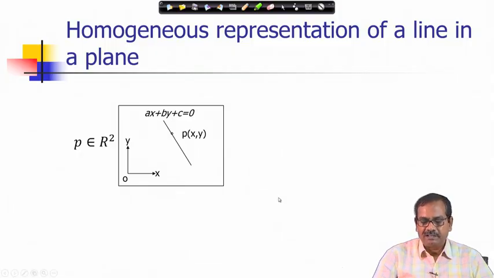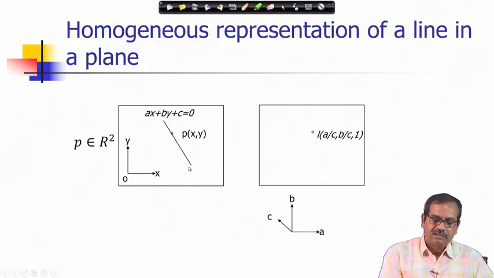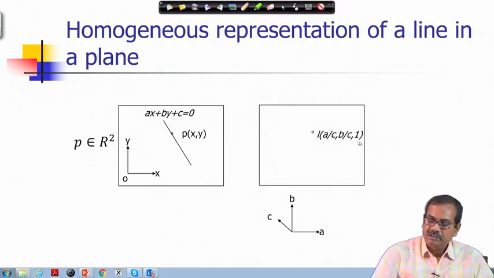So, what I can consider once again is a different projective space which is representing only lines in this case. So, a line in this two-dimensional space is represented by a point in this projective space, following the same representation.